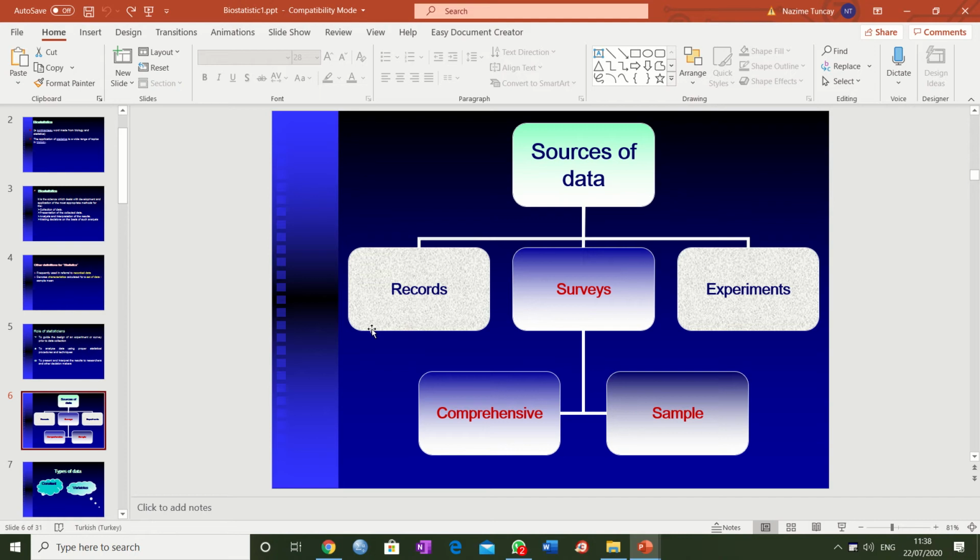Recording is very important. Surveys, yes, if we want information about whether a method is useful or not, especially these days, you are seeing lots of results of surveys each night on TVs all over the world, and you know that it is COVID-19 surveys and statistics.